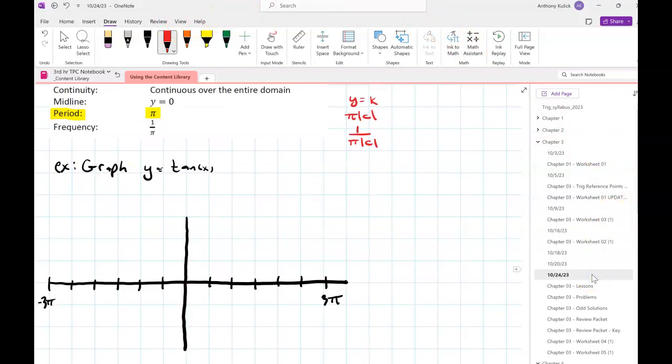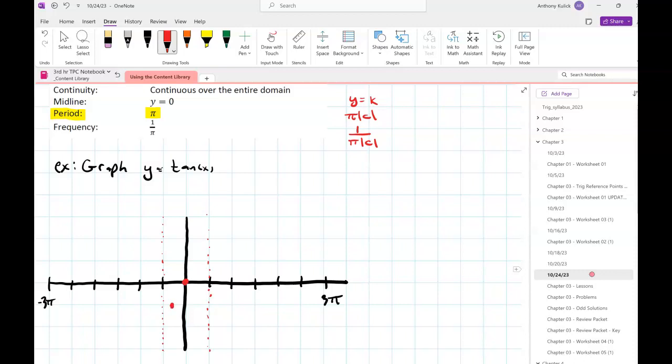So when we're graphing at pi over 2 and negative pi over 2, when the graph is undefined, we're going to draw a vertical asymptote to represent that. And then at negative pi over 4, it was negative 1.